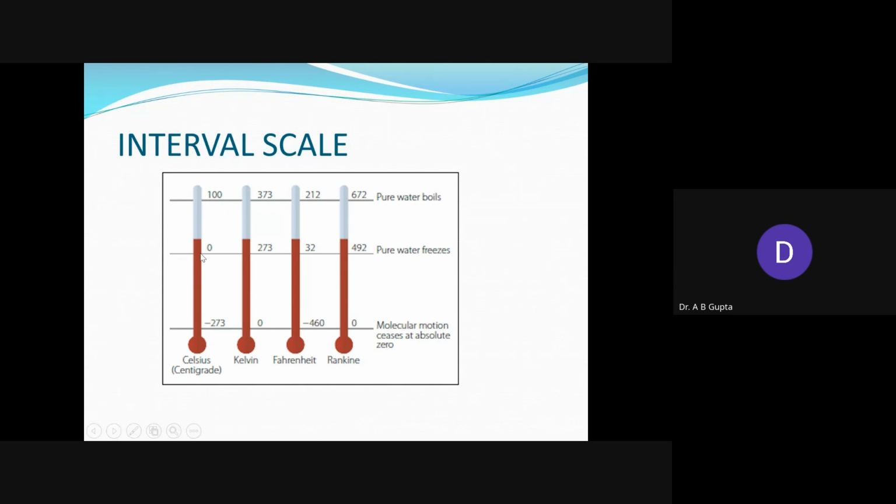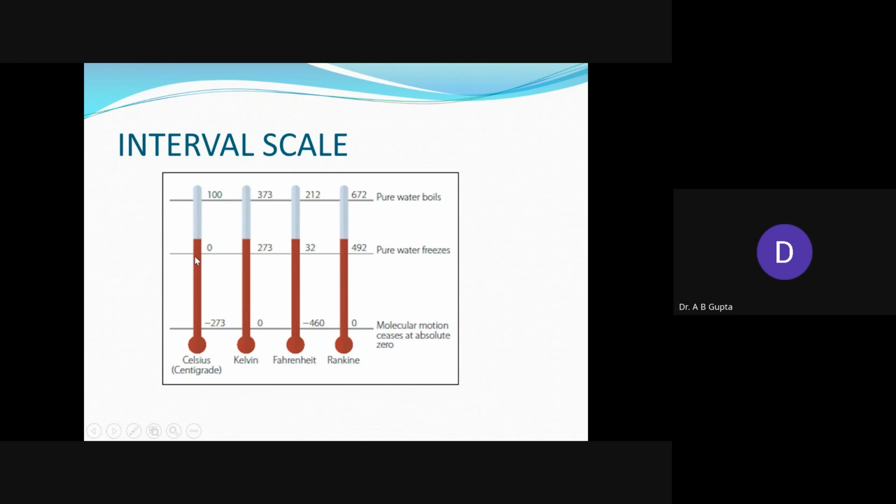But I have selected a scale where this is the zero, and this is not absolute zero. This should be very, very clear. This is only a reference zero, because you can say that pure water is freezing, but it is not that there is no molecular activity, there is no heat. It is not like that.